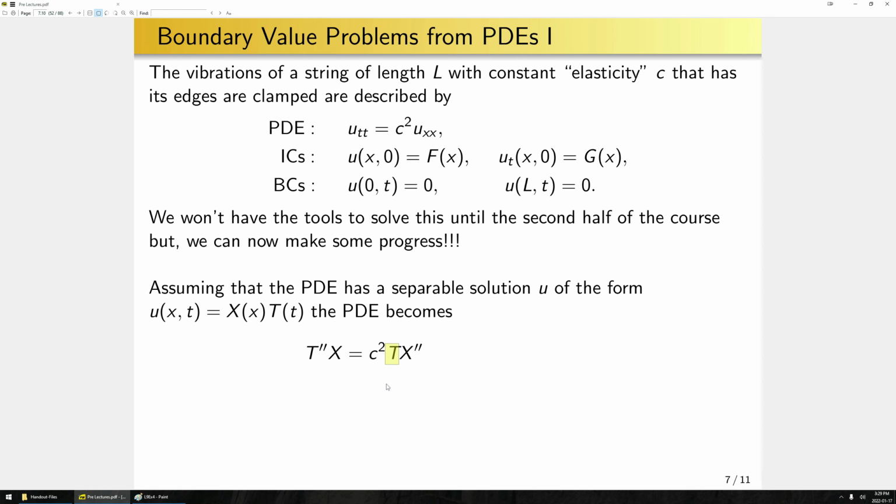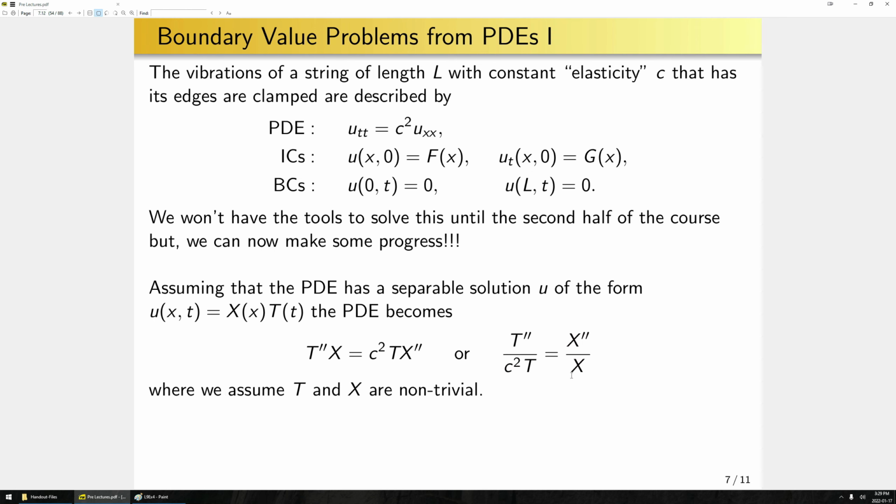So the natural thing to do is to divide the whole thing through by X times T to finish separating out the variables. If I do that, dividing by c squared T X, where c squared is just for convenience, you don't have to, but it's traditional, then I simply get this thing here. So now I have an equation where I've separated my variables out fully.